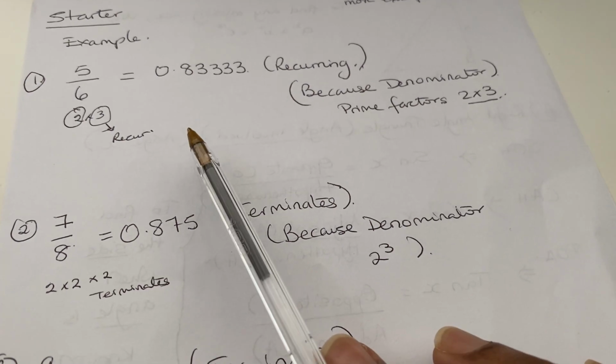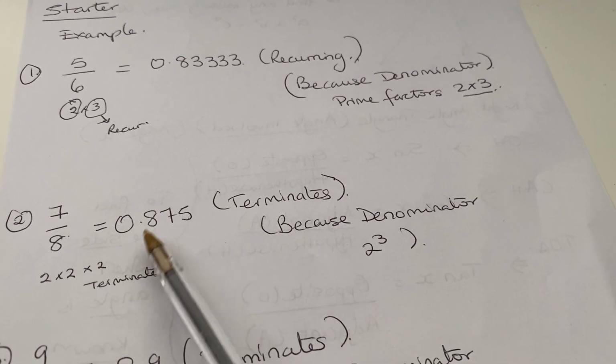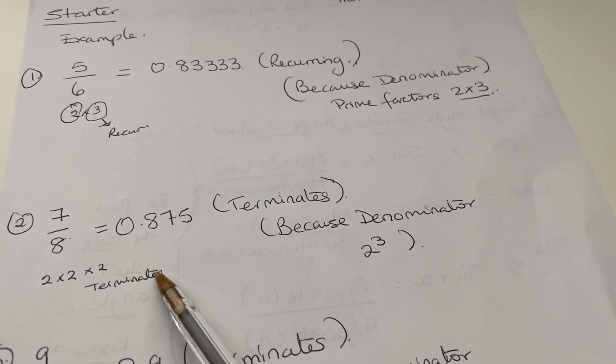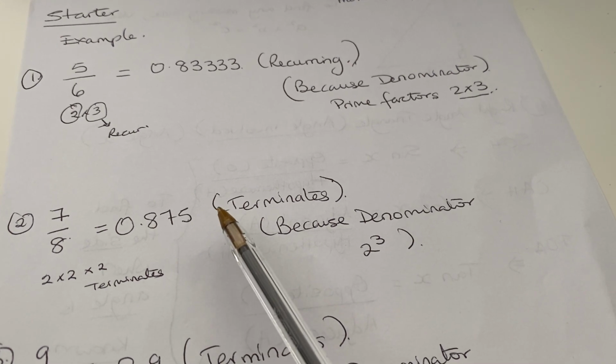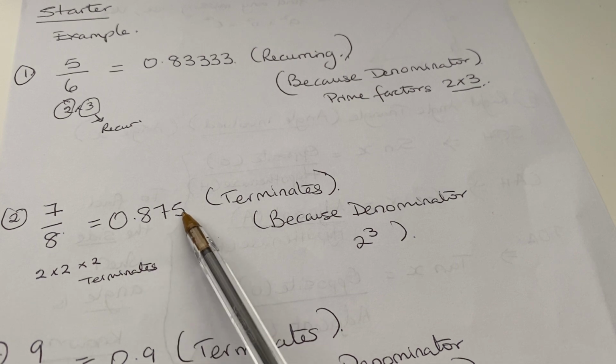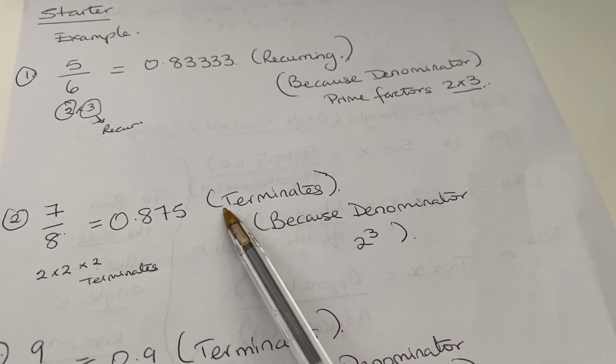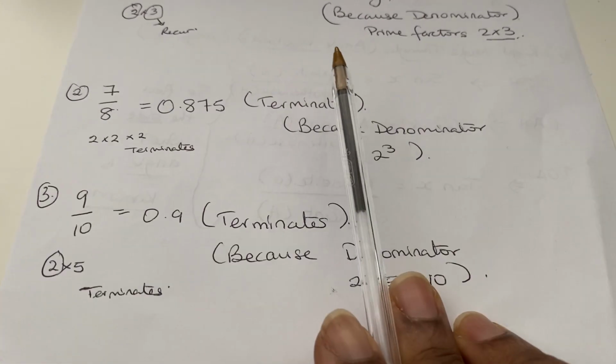But immediately you have other prime factors involved, like 3 and 7 and 11, it is going to recur. So 7/8, if you use the calculator or the long division method, it terminates.